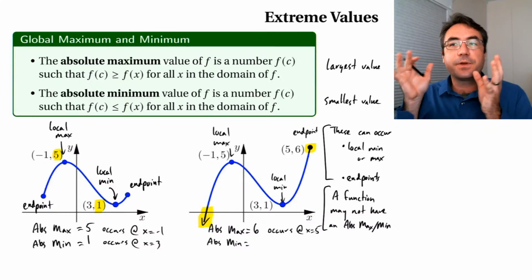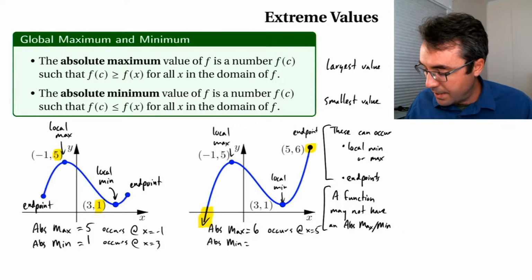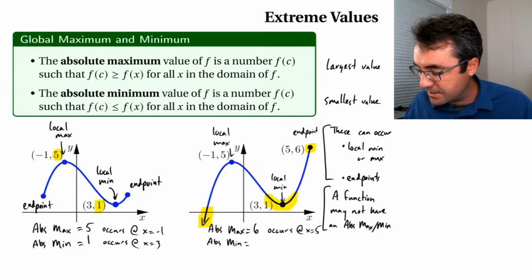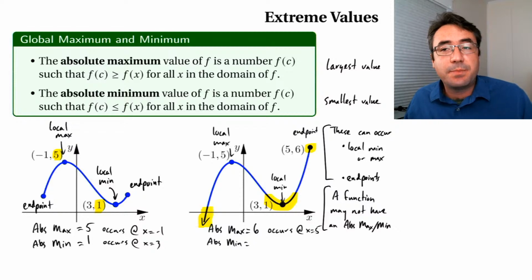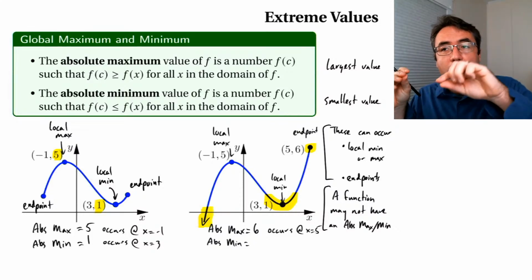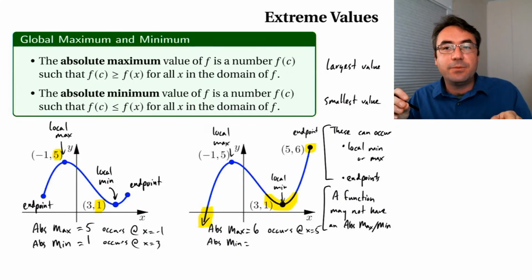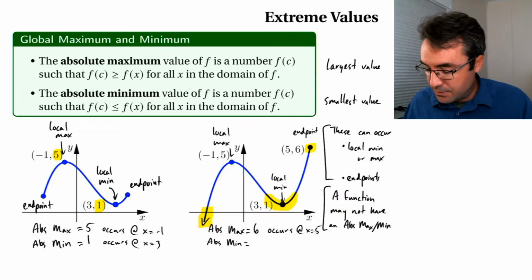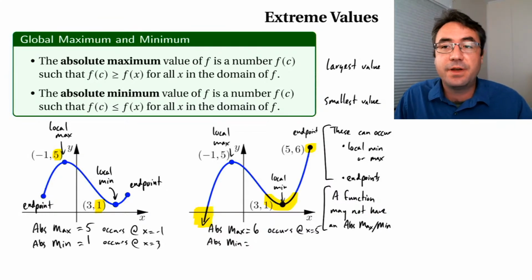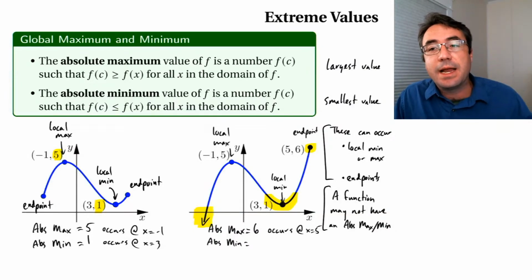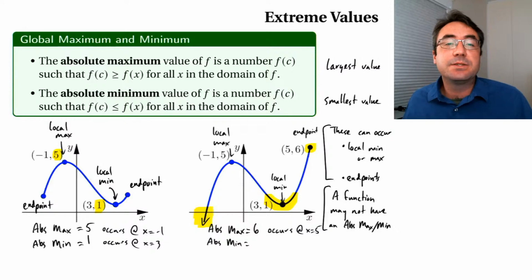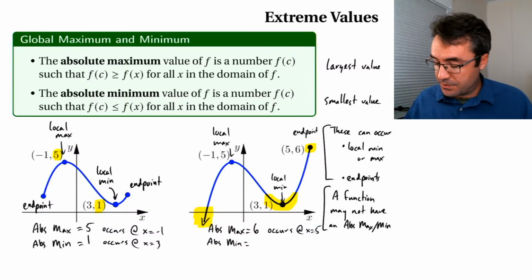So that's still a perfectly good local minimum, right in the neighborhood there, right around x equals 3. That is the lowest spot on our graph nearby. But if we keep going, if we go further out, eventually we get lower than it. And that's what we're seeing on the left side over here. Eventually we get lower than that local min, and then the graph just keeps going down. So there actually is no absolute minimum for this function.